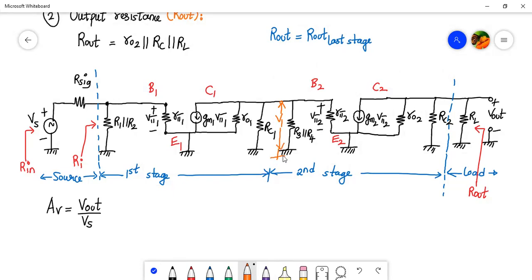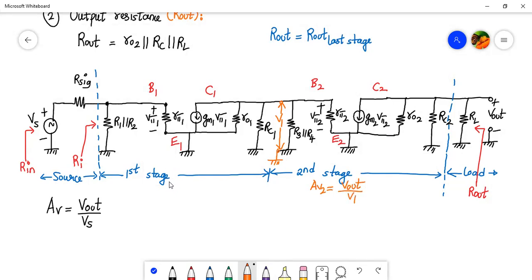Okay, and that is going to the ground. So what is V1? V1 is the output of the first stage and input of the second stage, right? Now, if I want to write the gain of the second stage, how will I write? Vout upon V1. Okay. So here AV2, gain of the second stage, will be Vout upon V1.